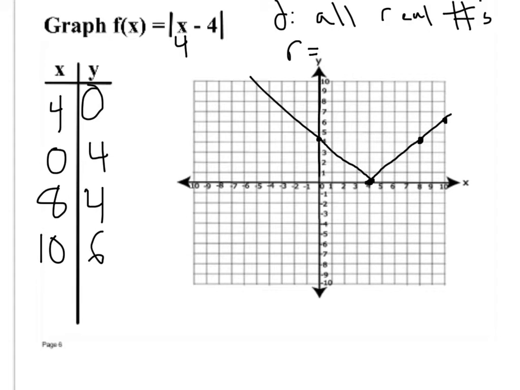On this line, what's my smallest y? 0, right? Right here. So that would be 0. So y is greater than or equal to what? 0. Any questions on how to do absolute value?